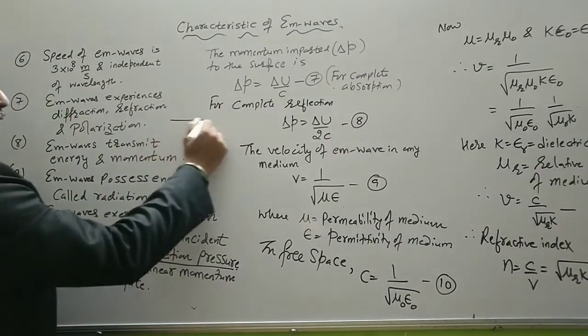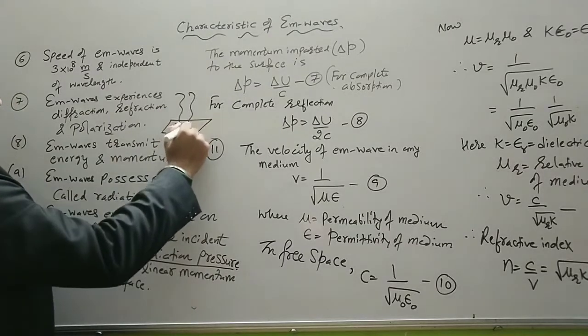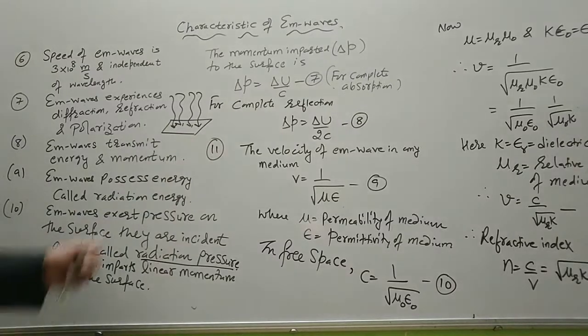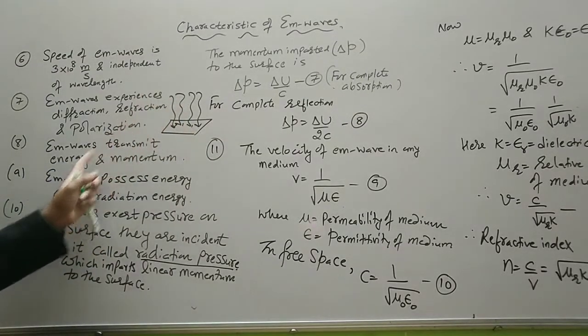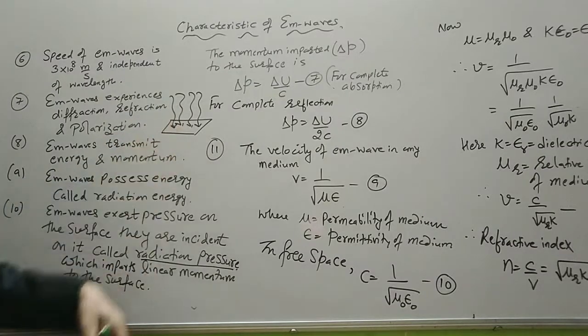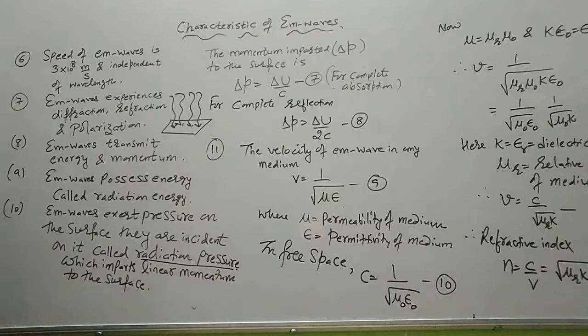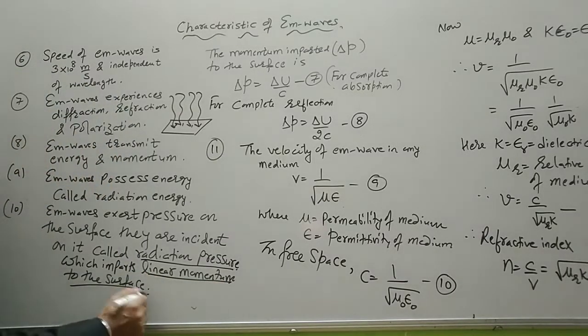If I take a unit area on which the electromagnetic waves are incident, then because they possess energy, they transfer momentum, or they exert pressure. This pressure is called radiation pressure, which in fact imparts linear momentum to the surface.